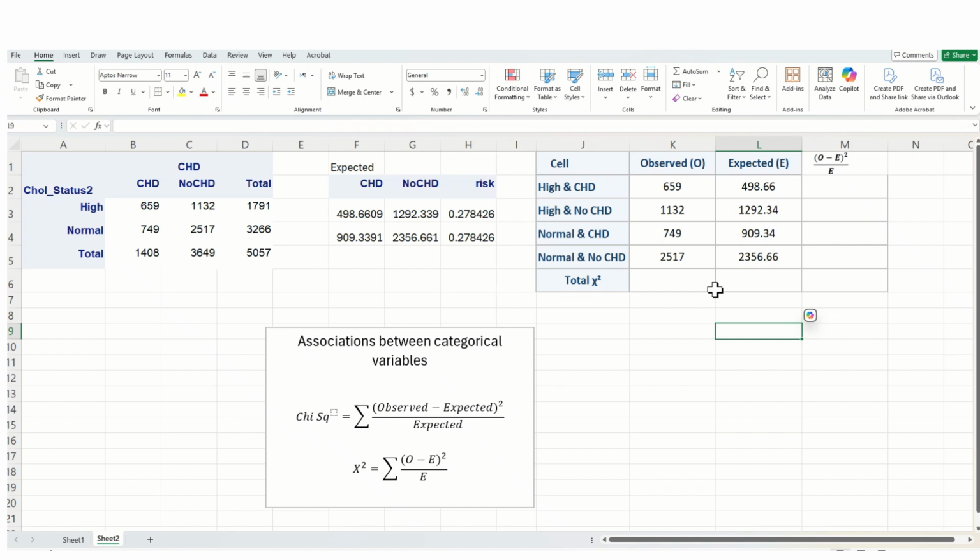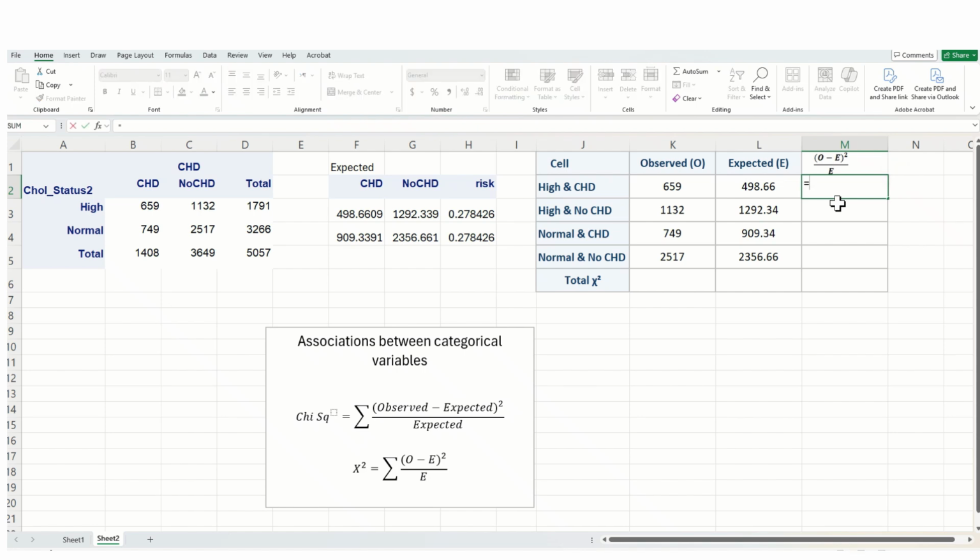But we can also quantify this association. For example, in here, we can quantify how much is the difference between expected and observed, and then we standardize it by the expected values to give a more standard value. Let's do it, and then I will explain.